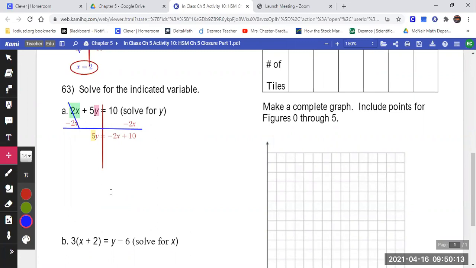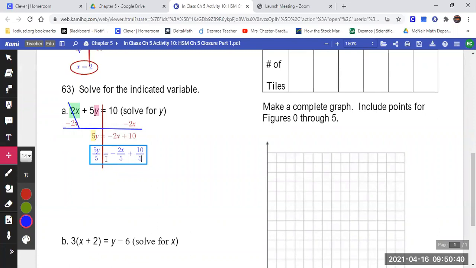Divide all pieces by 5, okay? All pieces individually by 5. So my 5y divides by 5, my negative 2x divides by 5, my positive 10 divides by 5. All pieces divide by 5.